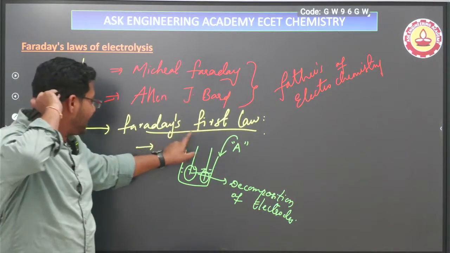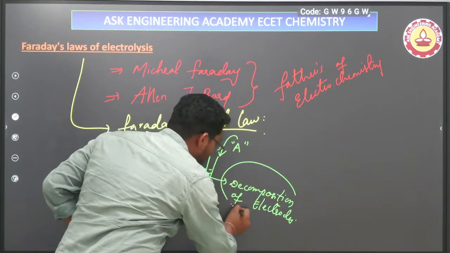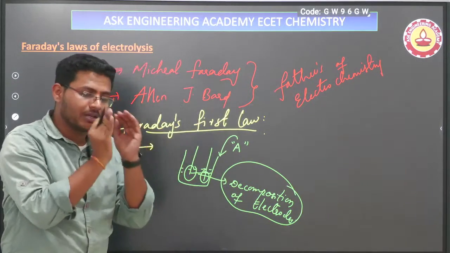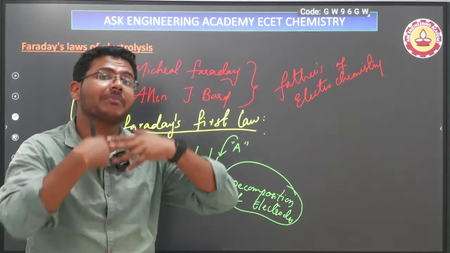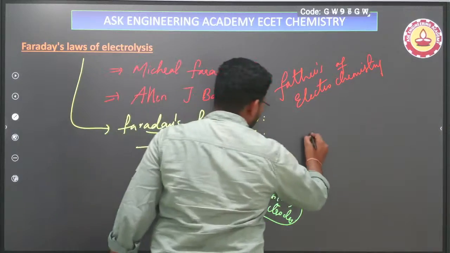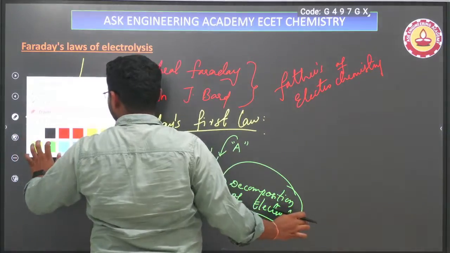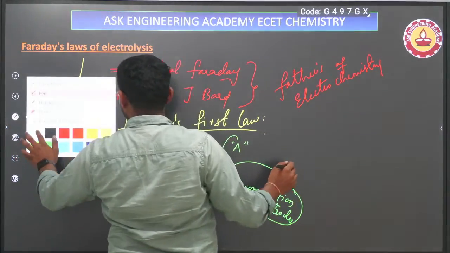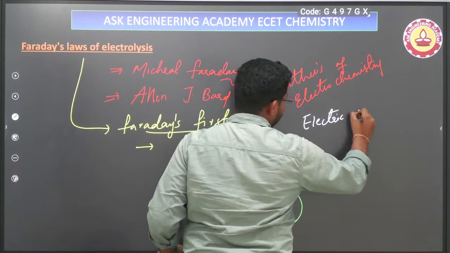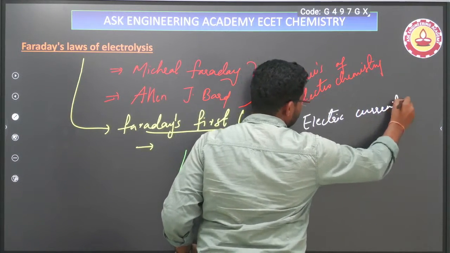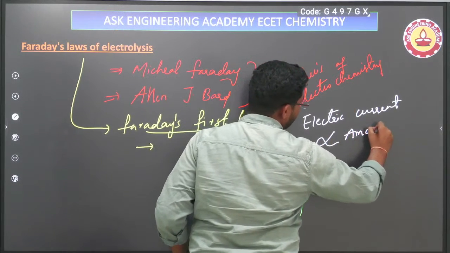So according to Faraday's first law of electrolysis, the amount of electrode decomposed is always equal to how much electric current we apply. That means electric current is directly proportional to the amount of electrode deposited.